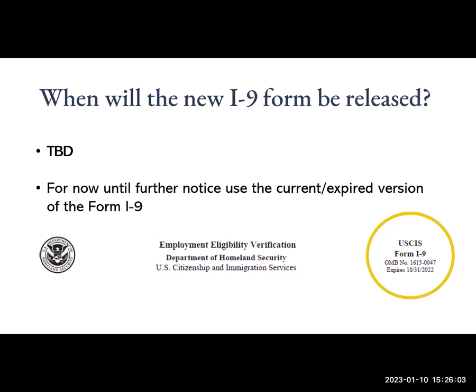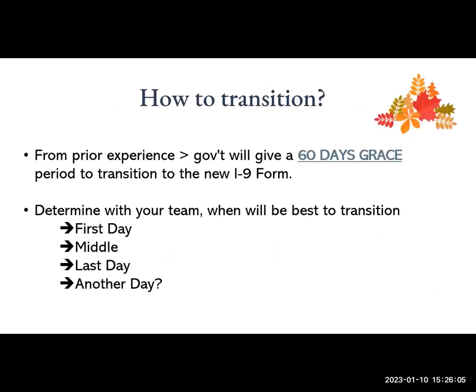The next slides are about things that you have to start thinking about when you transition, okay? Typically, the government will say, for example, January 30th, here's the latest draft of the form, and it becomes effective February 1st.